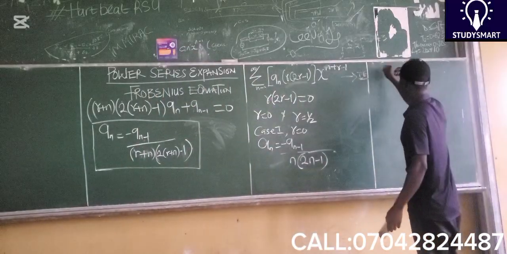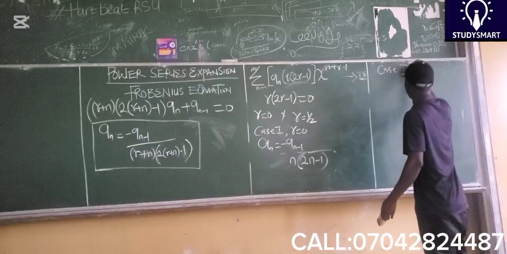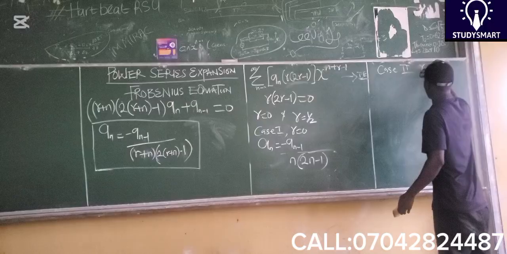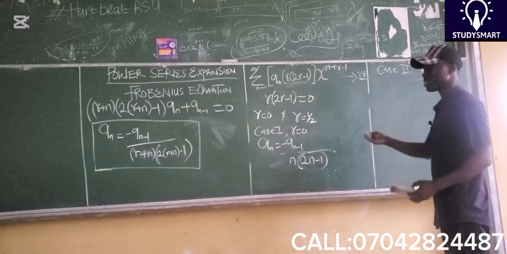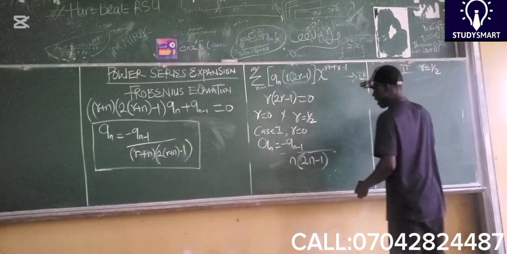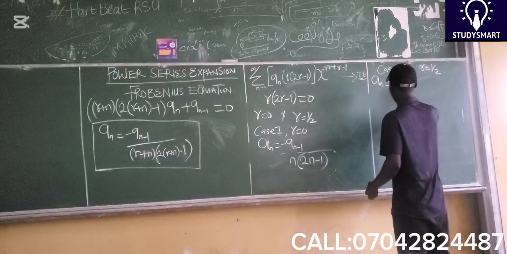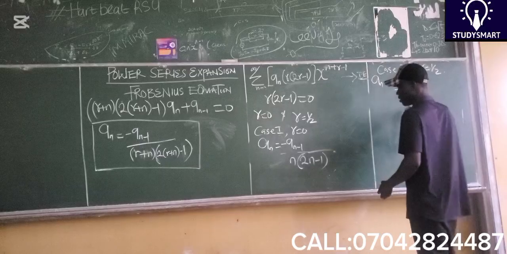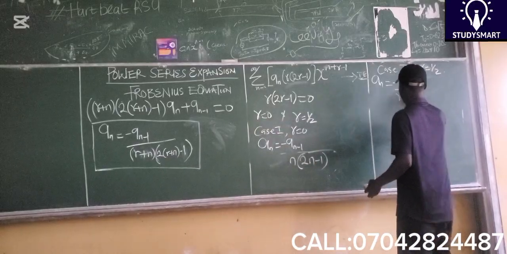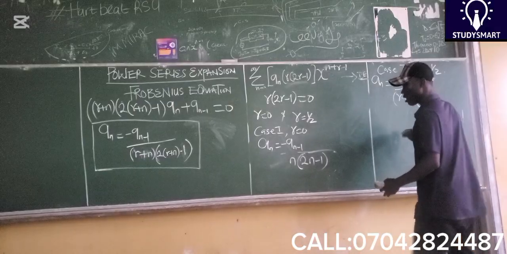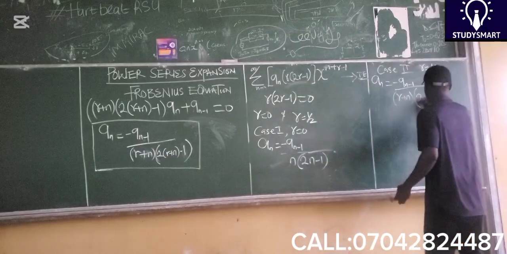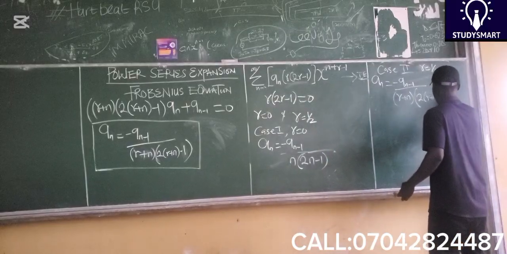Then for case 2, where r is equal to 1 over 2, I'm still going to do the same thing. I will recall a_n equal to minus a_(n minus 1) over (r plus n) into (2 into (r plus n) minus 1).